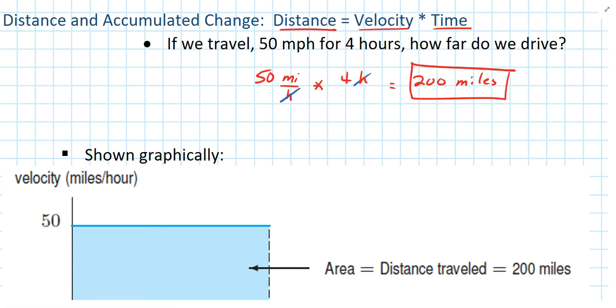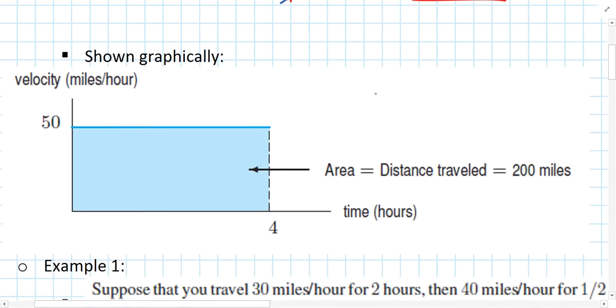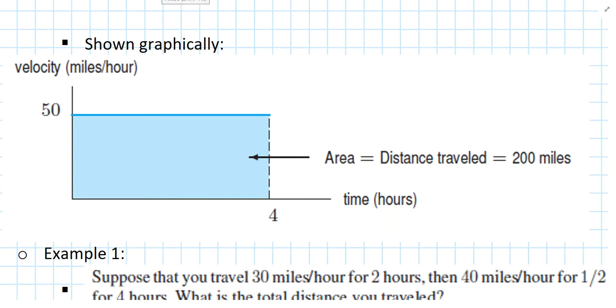Now, to transition this concept into calculus, let's talk a little bit about the graphic representation of this. The function shown here with this bold blue line is essentially an equation, y equals 50. And you'll notice that we're remaining at this constant velocity. Our y-axis is described as velocity in miles per hour.